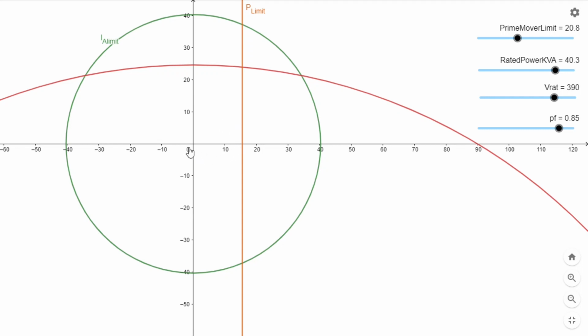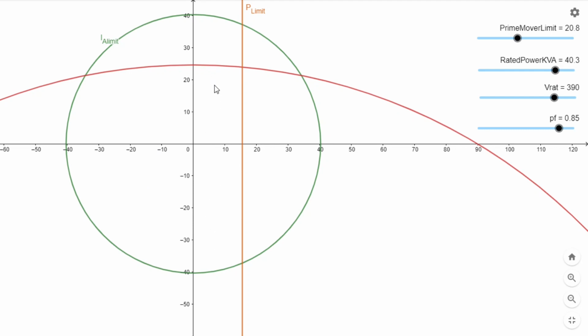So once again, the x-axis represents the real power and the y-axis represents the reactive power Q. Notice that we have rotated it on its side and reflected it, so that on the right-hand side, we are generating real power. On the left-hand side, we are consuming it. So in the real sense, your generator would only operate in this area on the right-hand side.